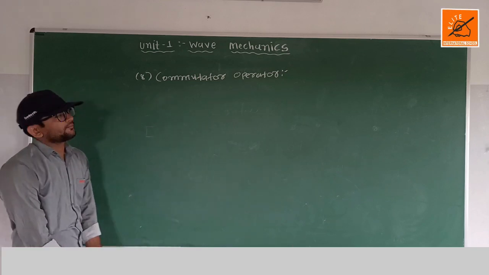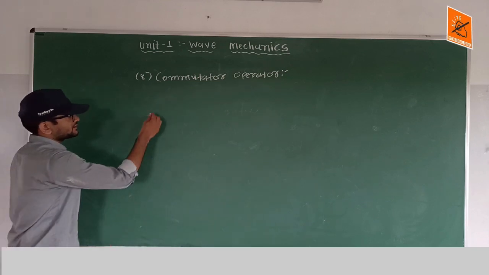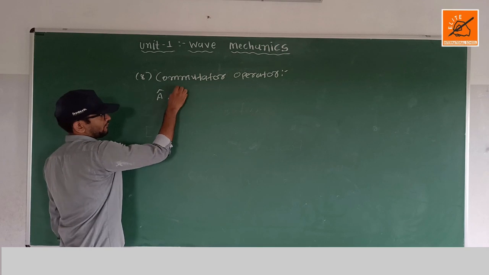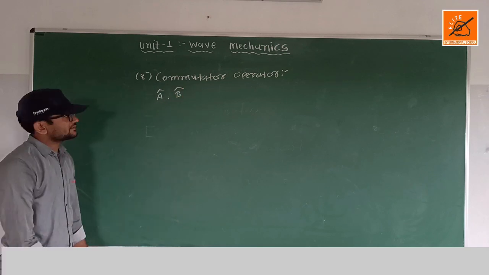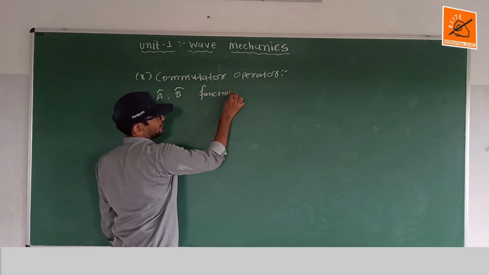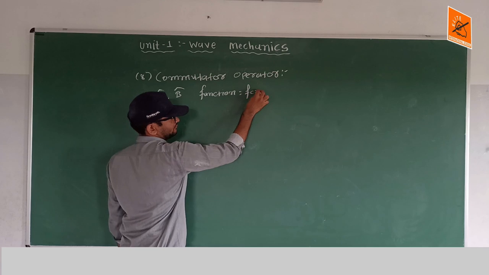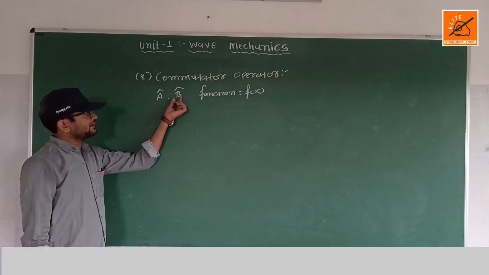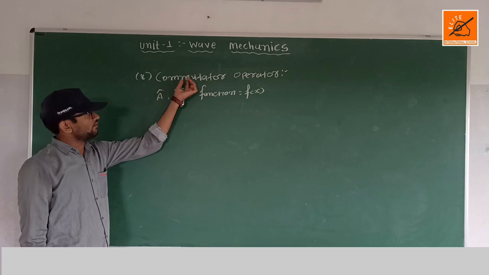Suppose you have two operators, first one is a cap and second one is b cap, and only one function, that is f(x). Here we ask whether the two operators a cap and b cap commute or not.